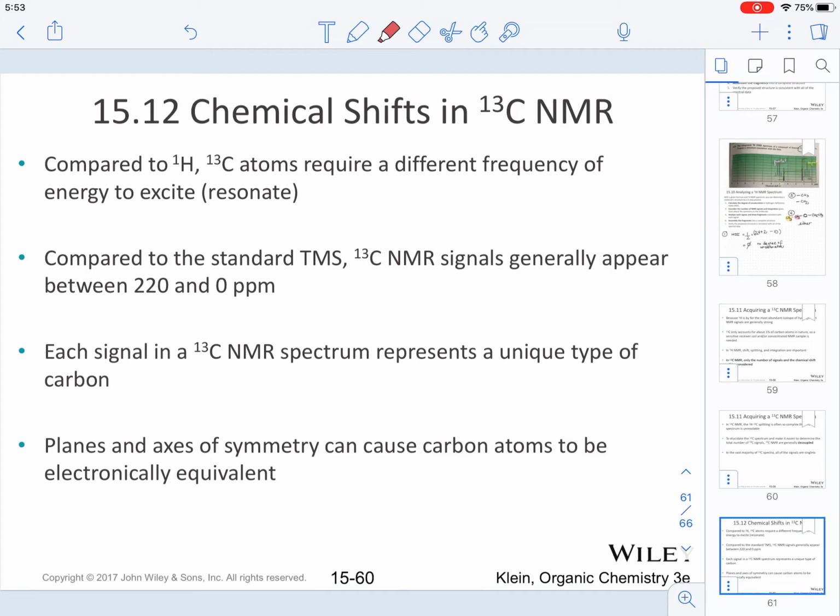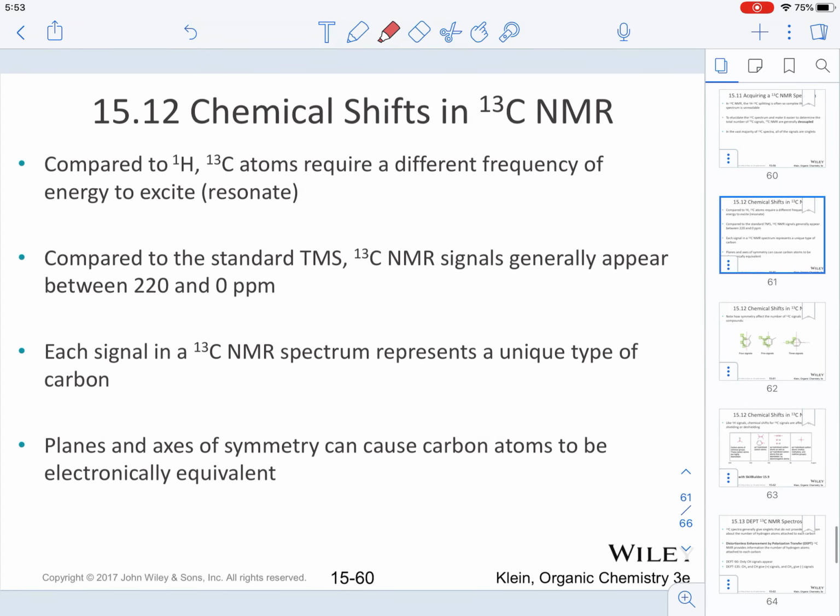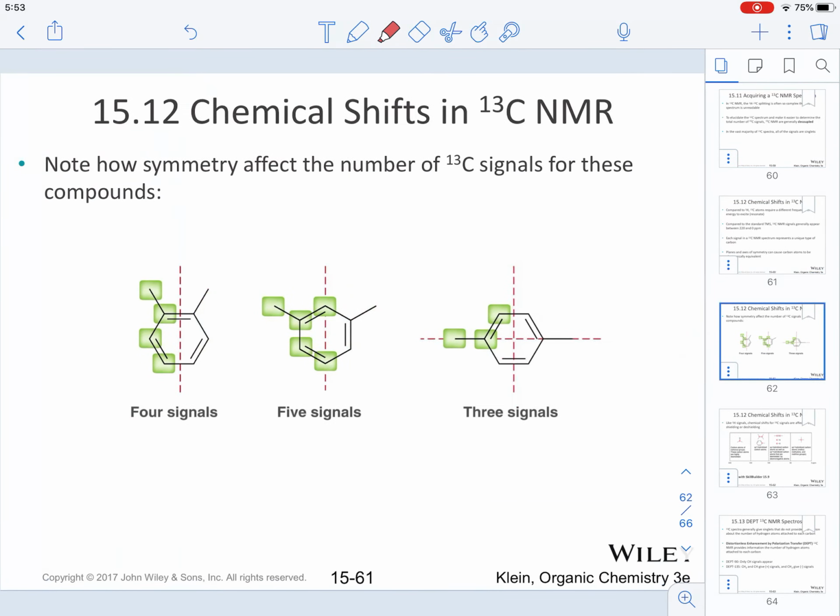Now, each signal in the carbon-13 NMR spectrum represents a unique type of carbon. So when we have a structure, planes and axes of symmetry can cause carbon atoms to be electronically equivalent. Now we are going to look at an example of how that happens.